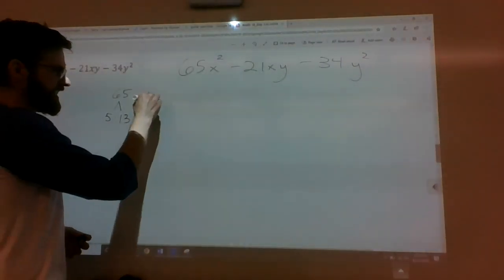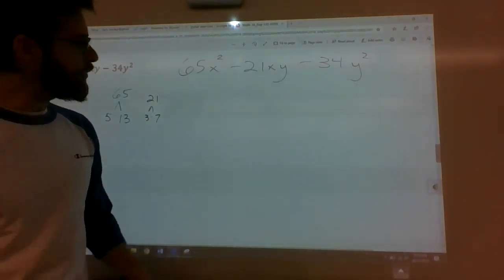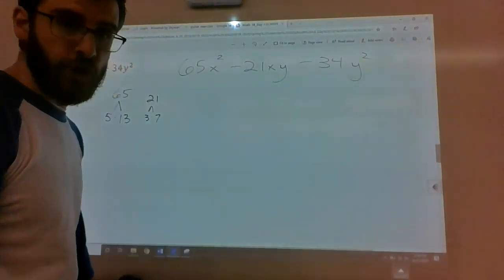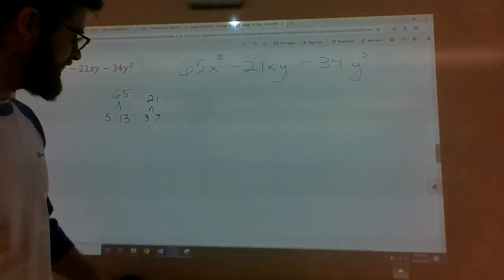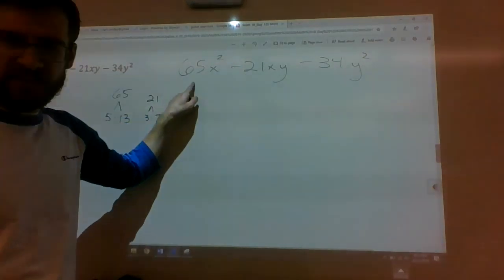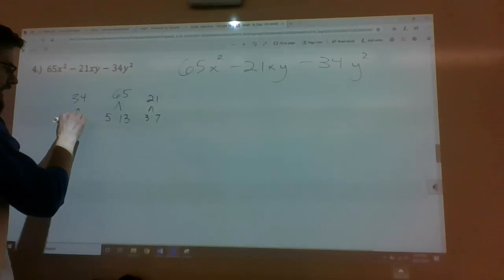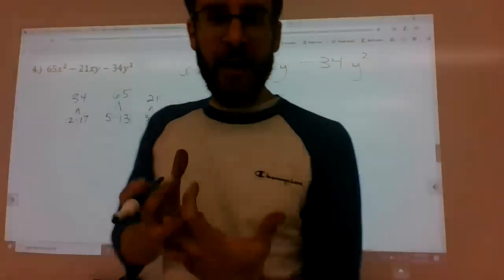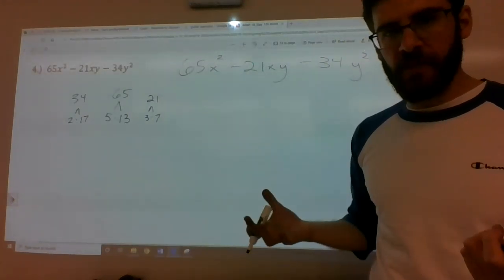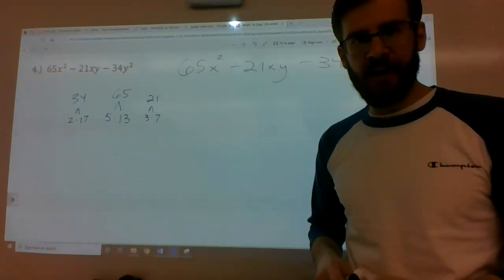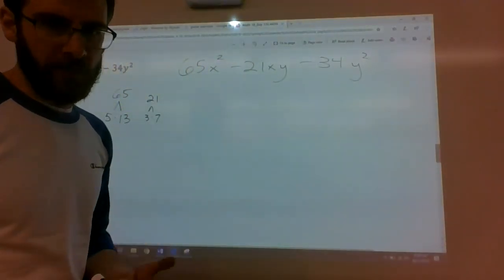21 is 3 times 7. So this is interesting. Right away, 2 of the 3 factors don't share anything except a 1. 5, 13. 3, 7. 21 shares nothing with 65, and as you can guess, 34 is just 2 times 17. None of the factors are shared by any of the parts. So what happens when you have basically factors that are not shared? Well, you call that a prime polynomial.